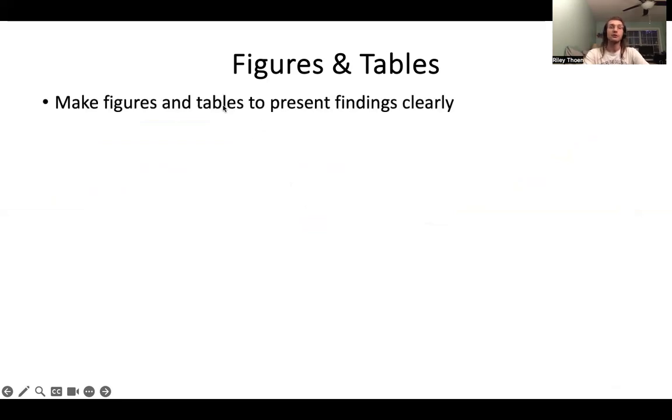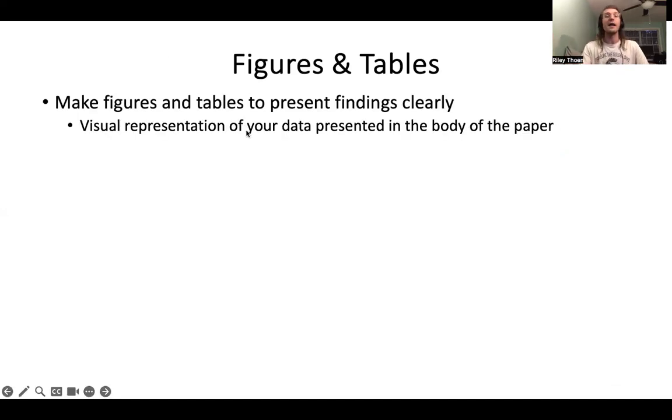Your figures and tables should be able to present your findings very clearly while standing alone from the results text. Again, this is essentially a visual representation of those results that you already presented in the body of your paper. And it's really important to make sure that your figures and tables match the type of data you have.